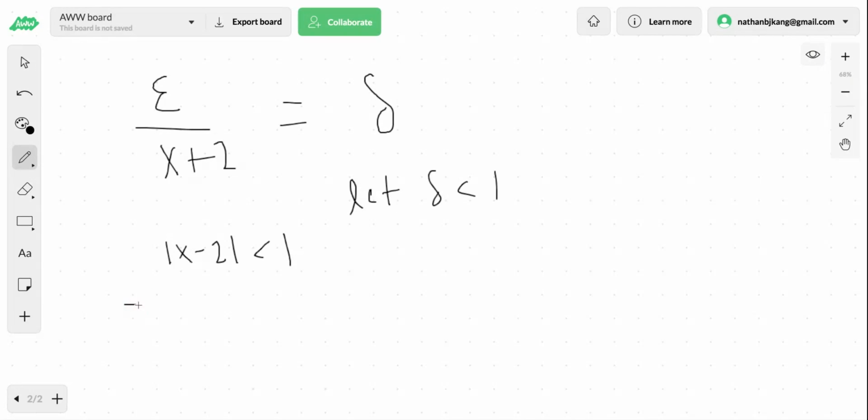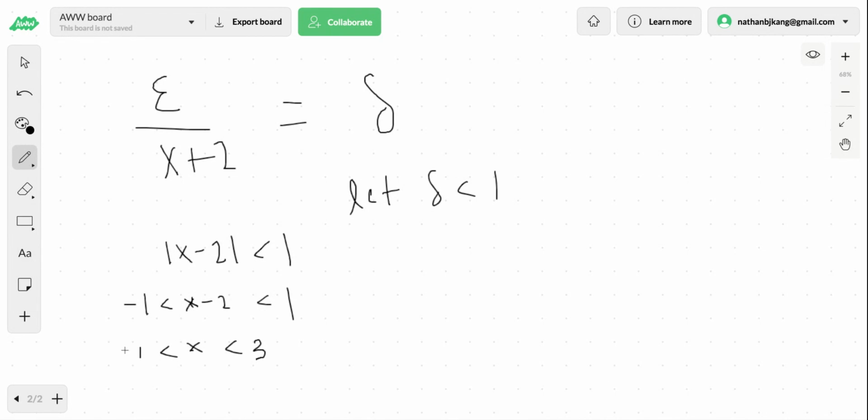To get rid of the absolute value, we have negative 1 is less than x minus 2, which is less than 1. And our inequality will yield us 1 is less than x, which is less than 3. So we have a range of x values, or a domain of x values, that we can plug into this equation, epsilon over x plus 2 equals delta, to get our final answer.